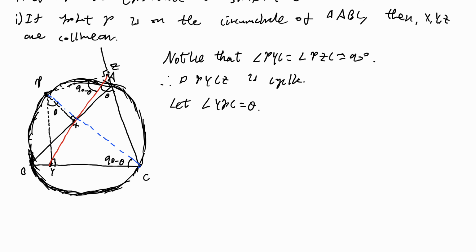That means we know that this is collinear. That's what we want to prove right now. So we have XZC equals theta. Wait, theta, 90 minus theta.